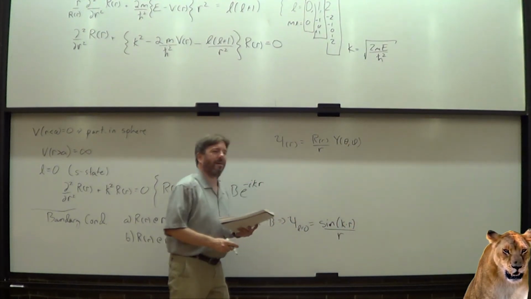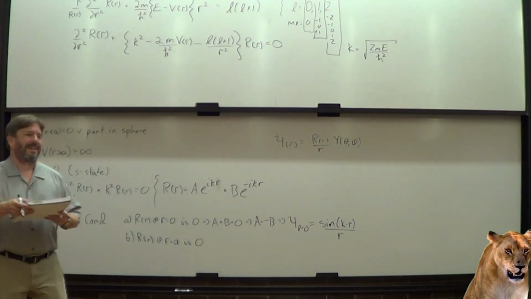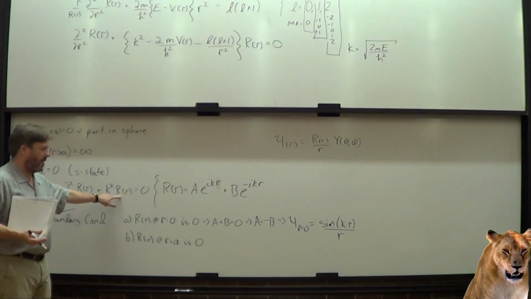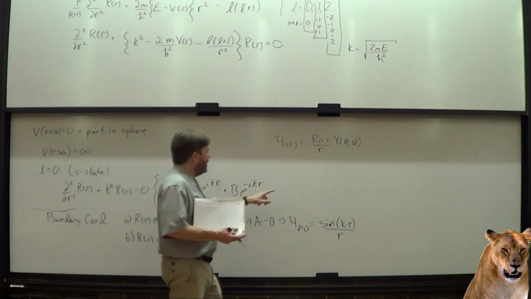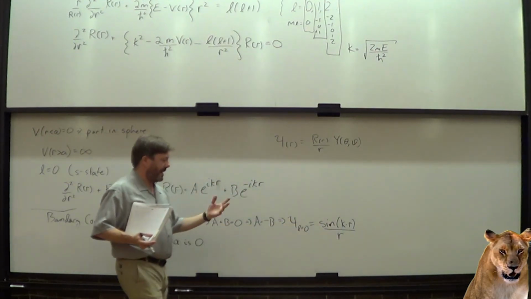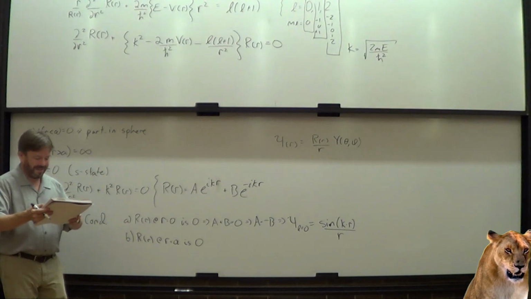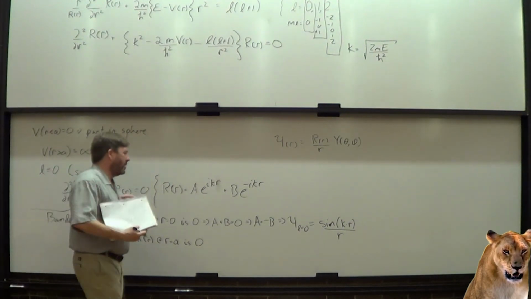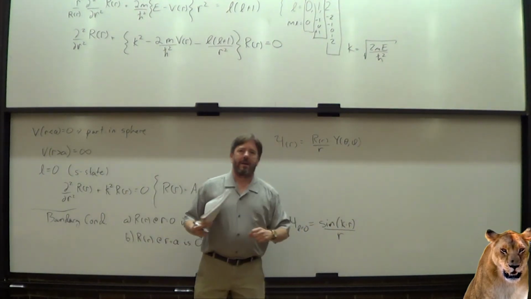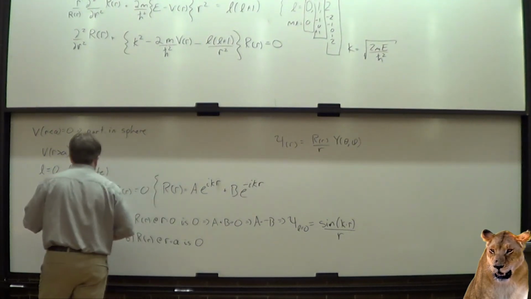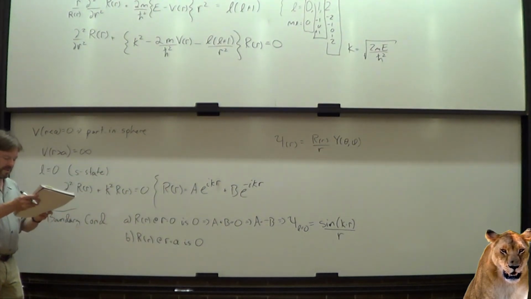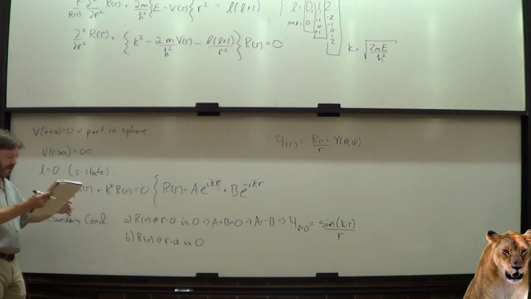Don't forget the over r. R of r is sine, but the wave function is that result, which is sine over r. So that's the result. Okay, now as usual, the argument cannot have units. Anyway, so you can figure that out from here.